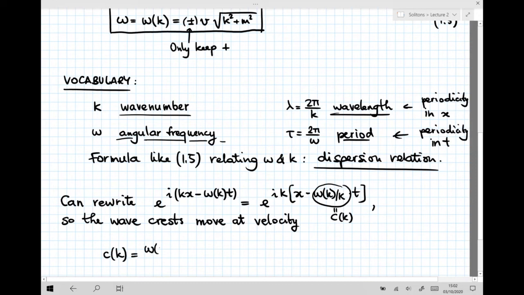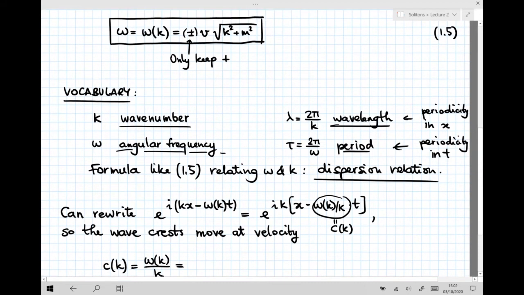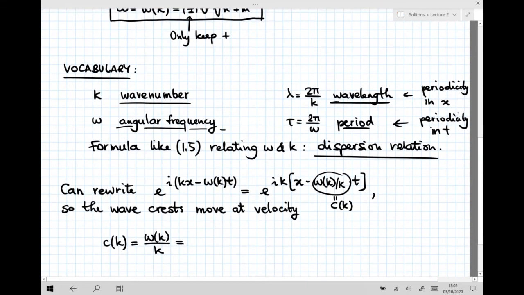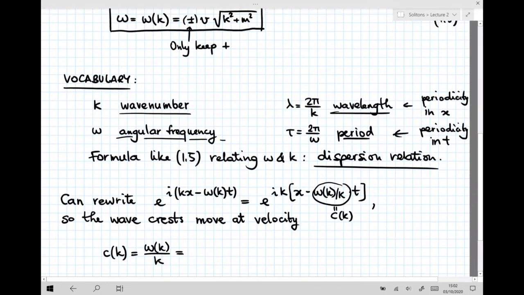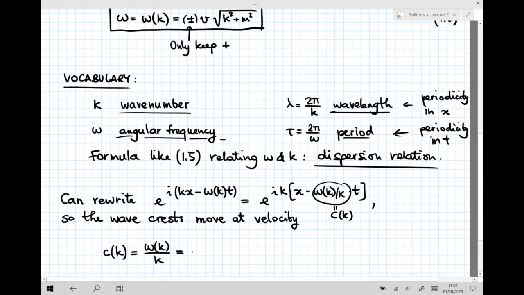That's omega of k over k. And for the Klein-Gordon equation, we can take equation 1.5 and divide by k. So we'll keep only the plus sign, but we'll divide by k. And so we get v times the square root of 1 plus m squared over k squared.